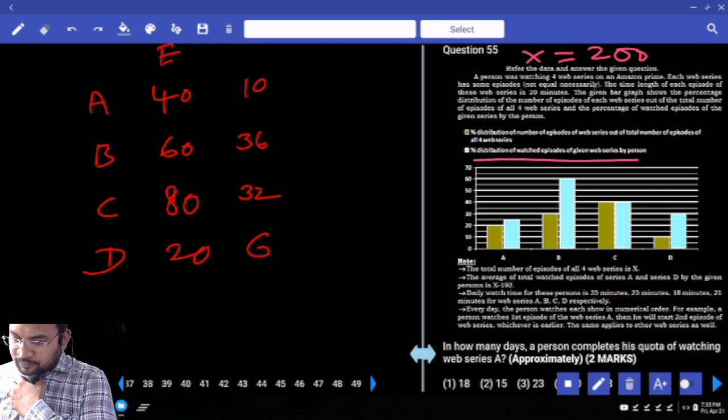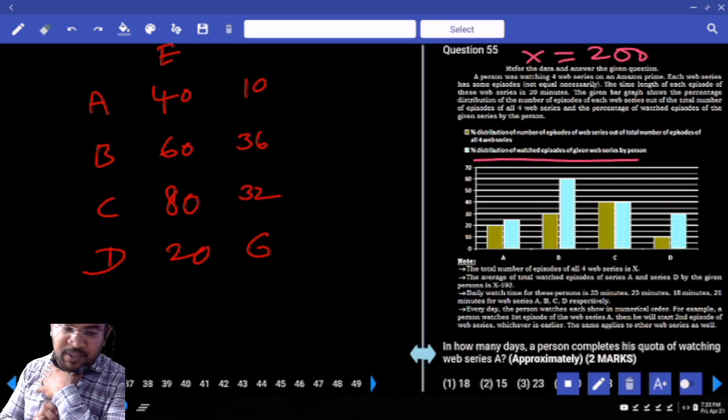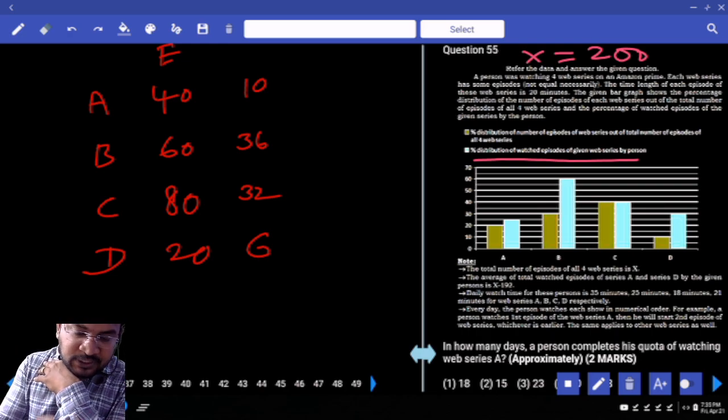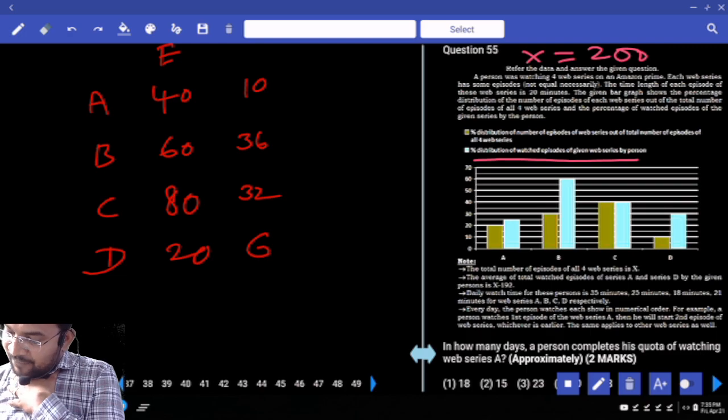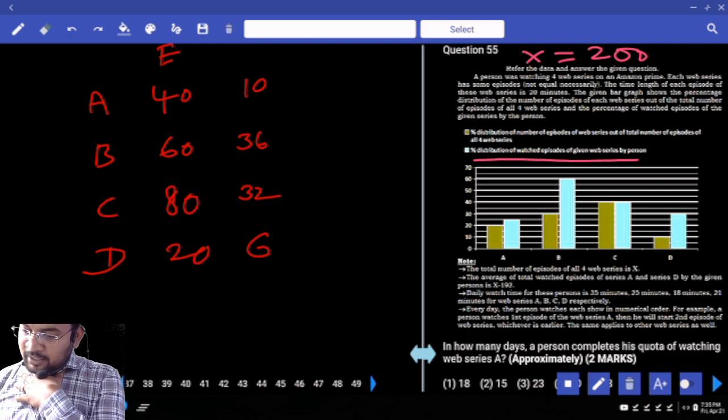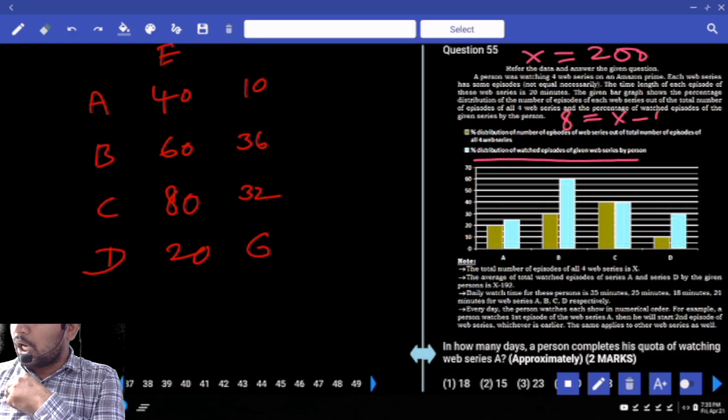If you observe carefully here, the average of total watched episodes of A and D by the given person. A and D for the given person is 10 and 6, that is 16 in total. The average is 8, which is equal to X minus 192.